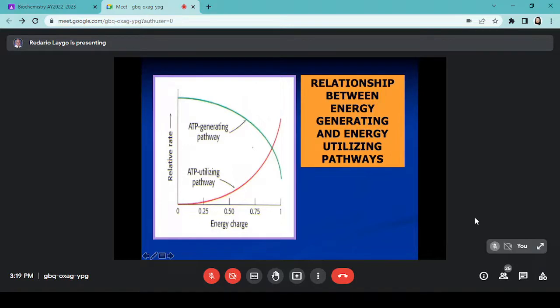And as you can see, they intersect at this point, whereby at any point in time, the energy charge of any cell would be around 0.85. It's never 1, class. It's usually around 0.85. That's the useful energy charge of your cell.